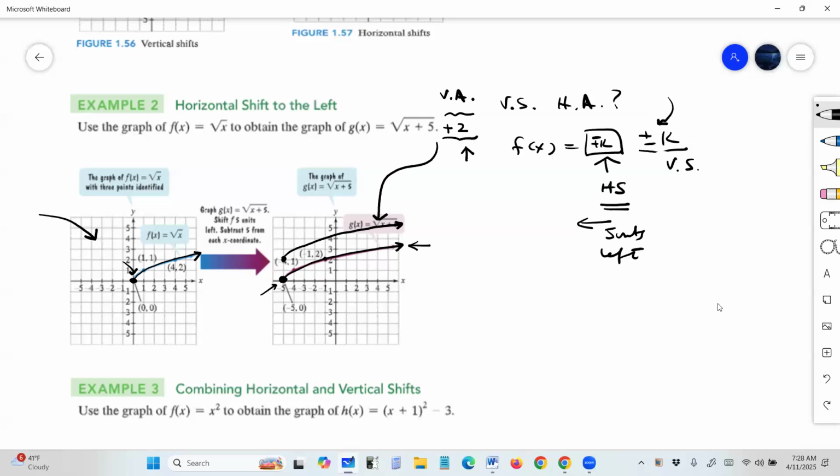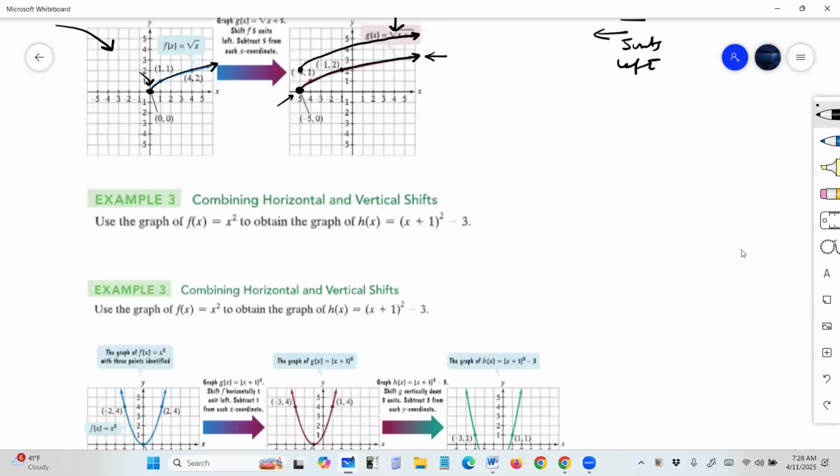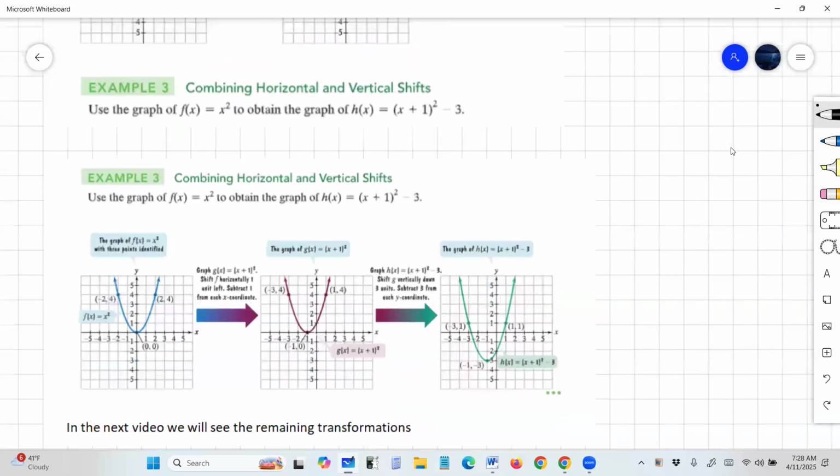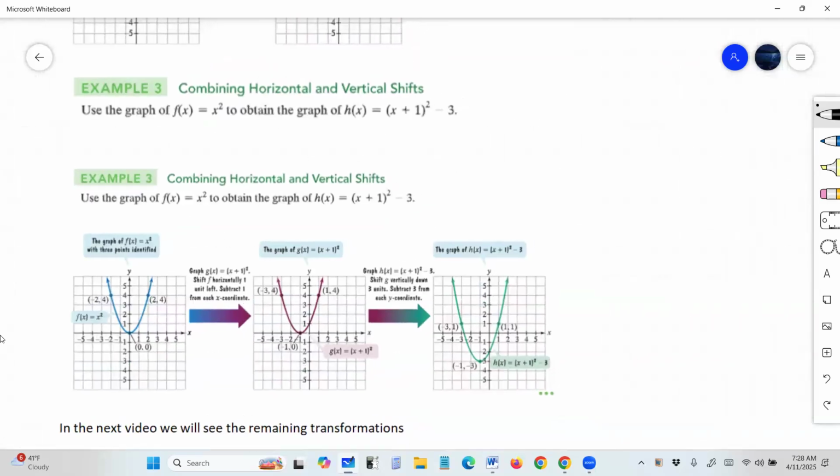All right, let's take a look at the last example. So here's our last example, and this is a common type of question where you have 2 transformations. I have one transformation here, and I have another transformation here. So again, let's remember that if the plus or minus is not being affected by the function, the standard function, then it's a vertical shift.